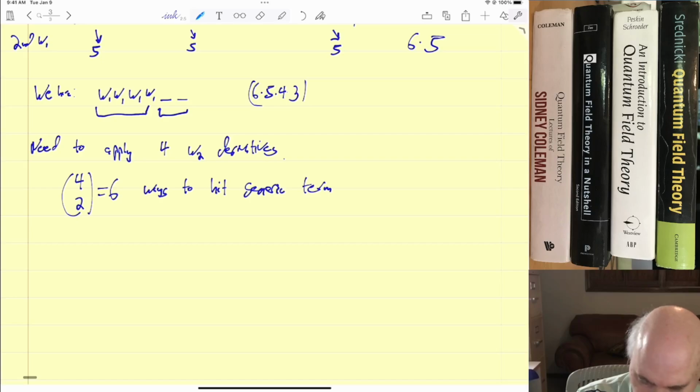But this isn't all the terms, because this tells you where the derivatives are applied, but we still have complete freedom on which W1 to apply in sequence, in what order.